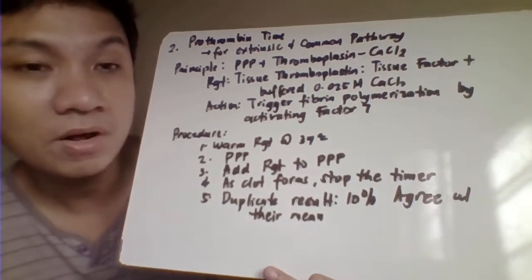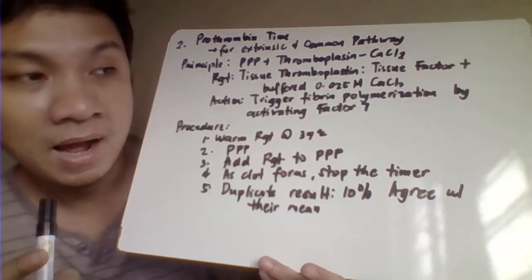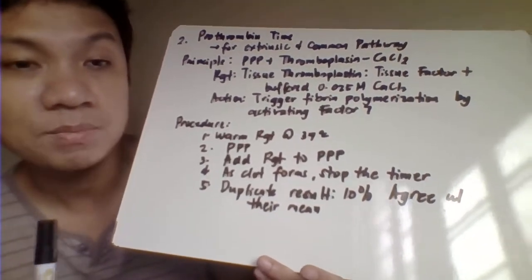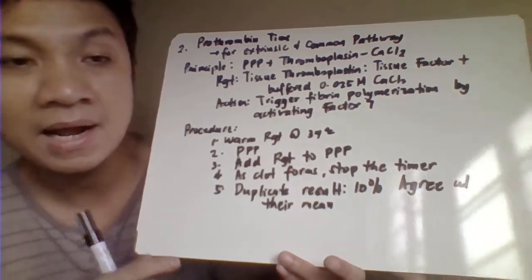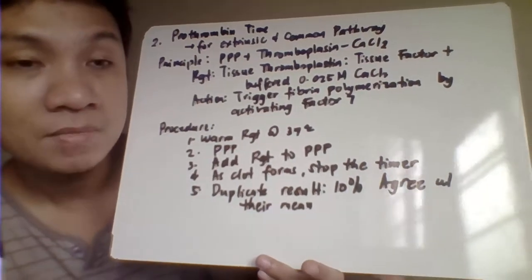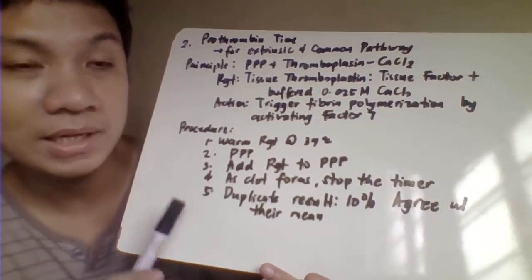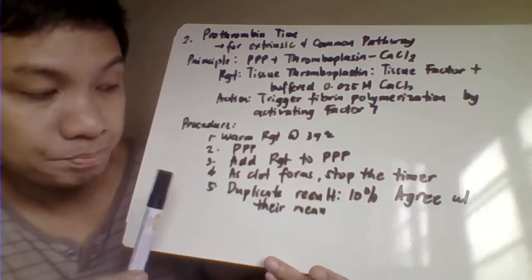So as soon as you add calcium chloride, you start the timer and stop the timer when your clot has formed. Pero kasi may mga automated instrument tayo na hindi tayo nagmamanual naman. So the instrument will be the one na mag-monitor ng clot formation. So, this is a clot-based na test.